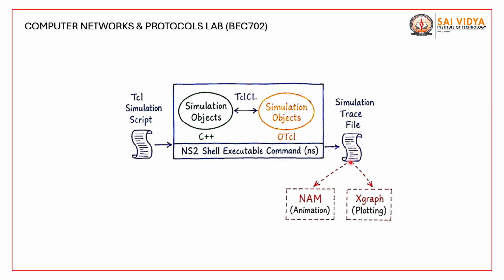And along with the trace file, we are going to see NAM file, that is for animation, and for some plotting graph files also we are going to see. So in general, when a TCL script is executed in NS2, we are going to get NAM file and trace file.